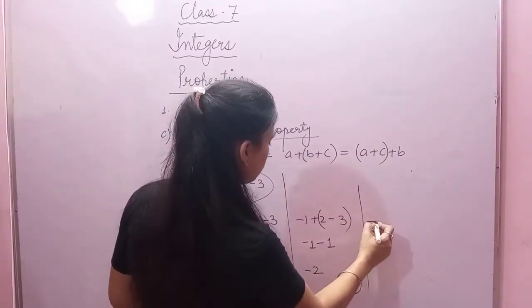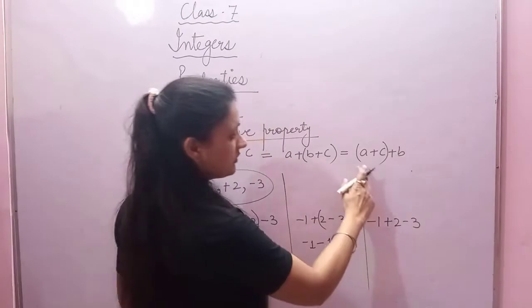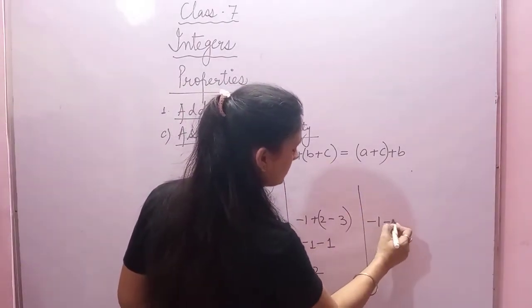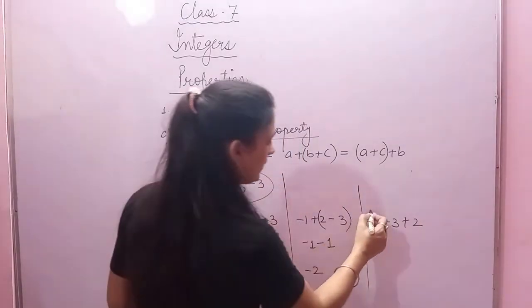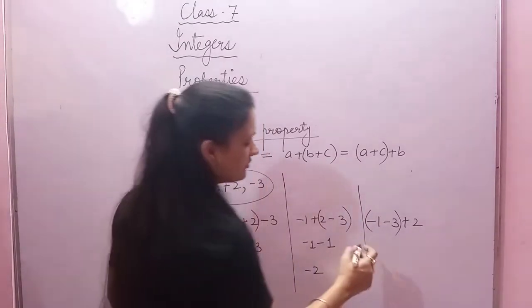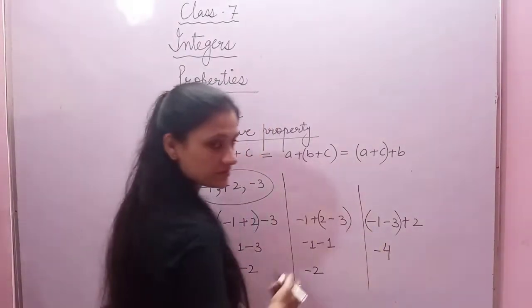Next is again I'll change the order. The numbers are minus 1 plus 2 minus 3. But what I did here, first and the last number. So what I do here, I'll write down here minus 3 and then plus 2. Right? Now I'll add these two numbers first. Minus minus plus, 3 plus 1, 4. Greater number 3, negative sign.